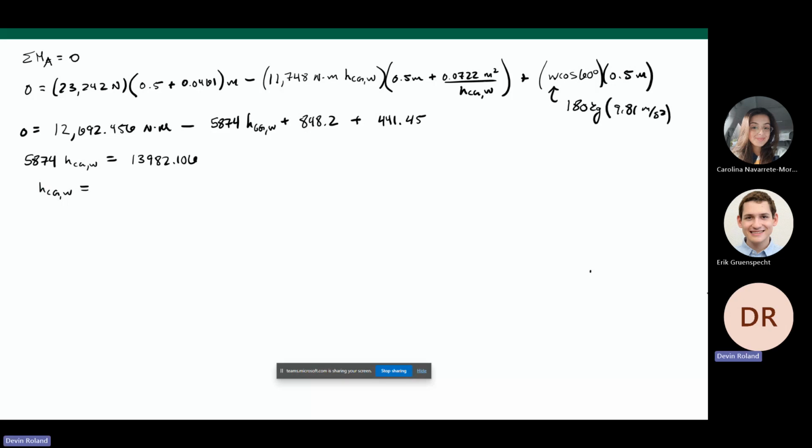I got a wrong quantity for some reason. Give me 1 second. I'm going to see if I can figure out why that value is not coming out right. That's correct.